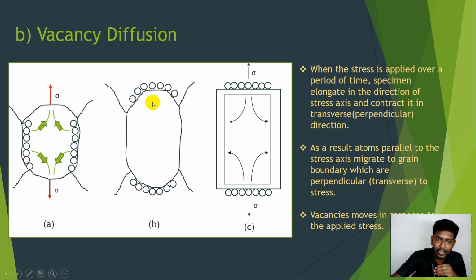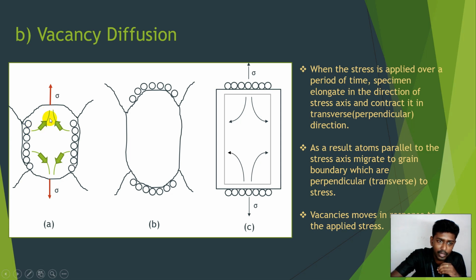As a result, creep will be caused in the metal. This is the final diagram, and if you look into it, you can see the direction of flow is mentioned in this manner. You would think the atom is moving in this manner, am I right?